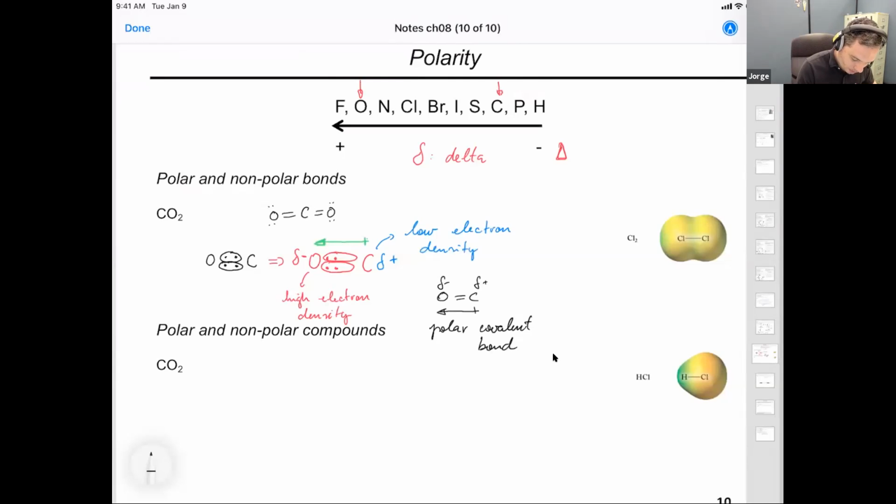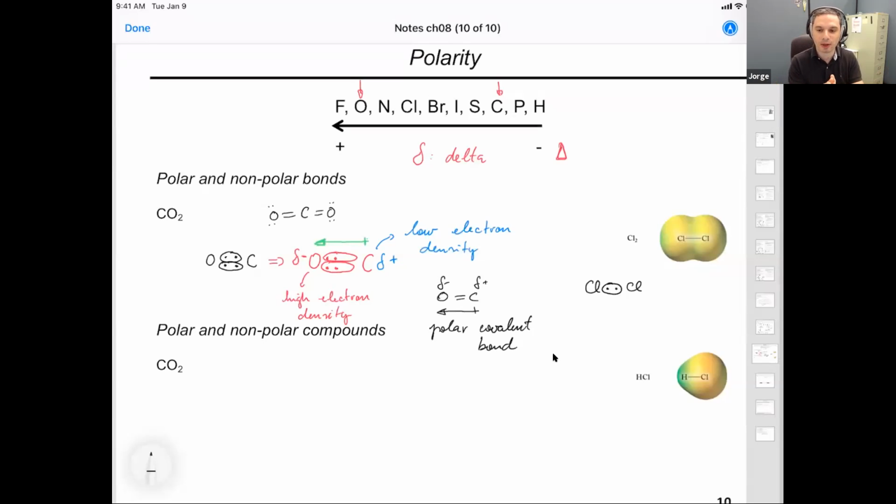Okay, so if we analyze Cl2, we have a single bond between chlorine and chlorine. Now let's analyze the electronegativity of the two atoms involved in the bond to figure out if there is a stronger pull from one of the atoms relative to the other one.